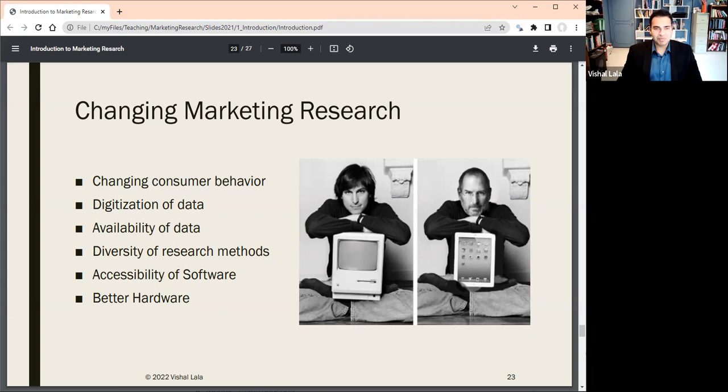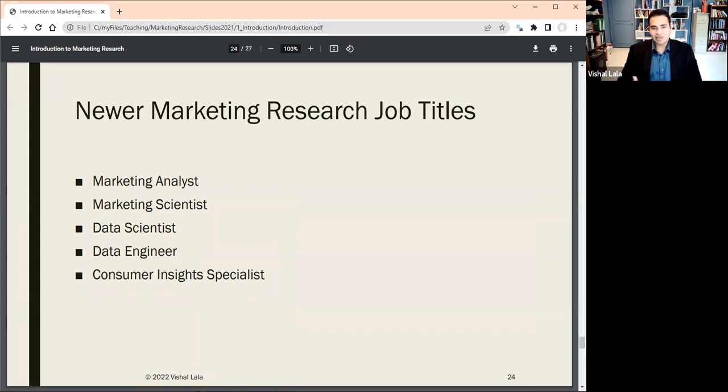And what was popular 3 years ago may not be so popular today. We've got to make changes and keep up with the times. As far as jobs are concerned, we're also seeing more innovative names coming about.